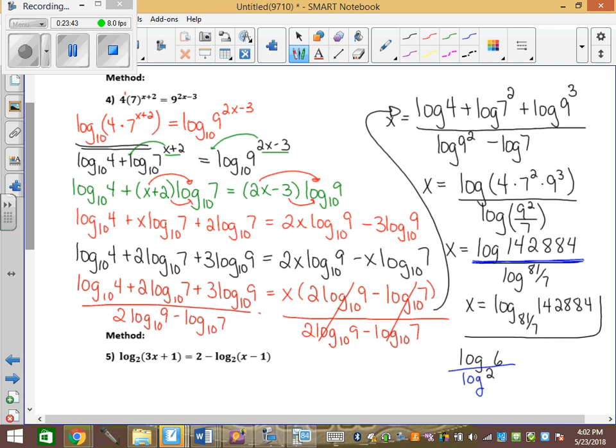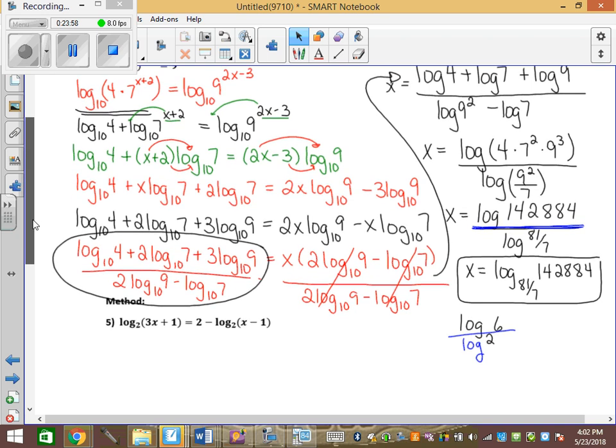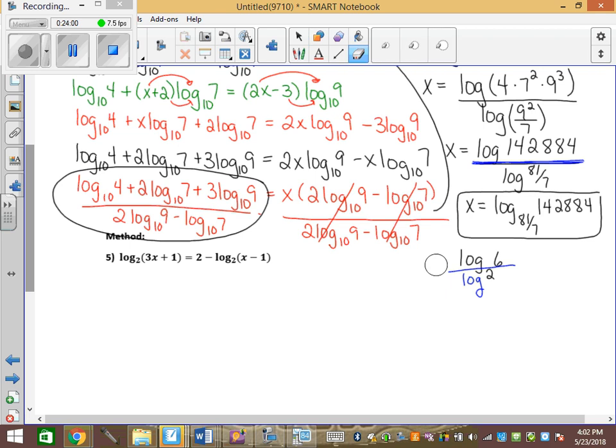That's if they want exact values. If they want decimals, you can punch this right into your calculator and you're golden. Okay? So if you can't make common base and you have two exponents, you have to log both sides. That's what you have to do. I'm going to erase this so no one gets confused with it being there. Okay.